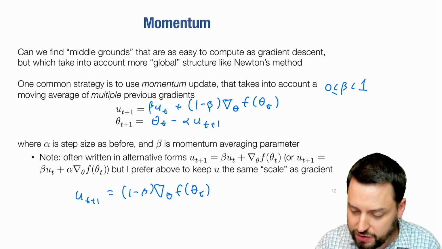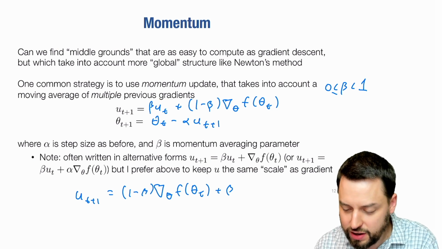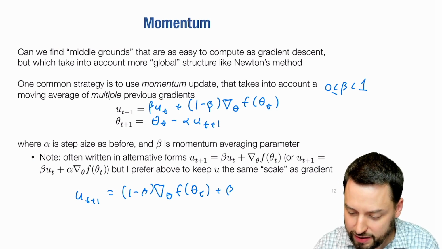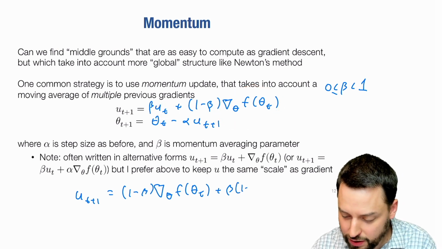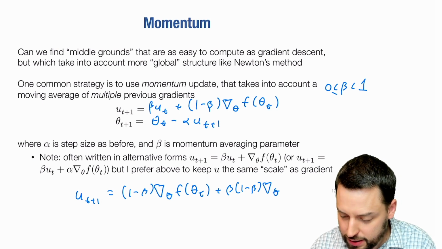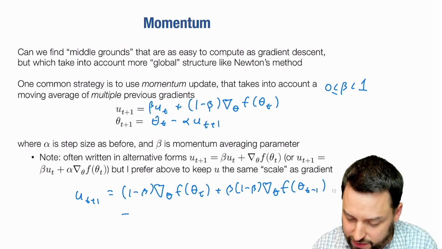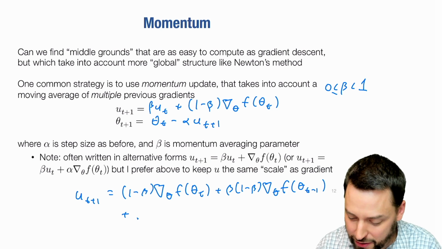But let's also expand u_t out, right? u_t equals beta times u_{t-1} plus this term. So this would then be beta times 1 minus beta of the gradient at the previous time, f of theta_{t-1}, plus again beta squared times u_{t-1}.